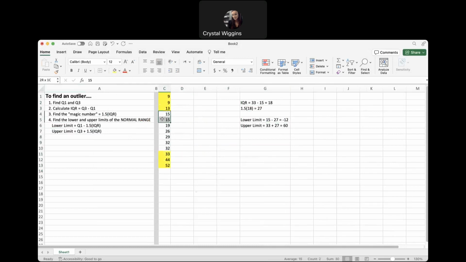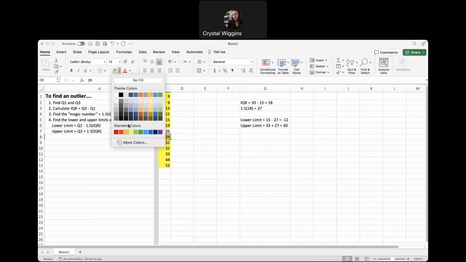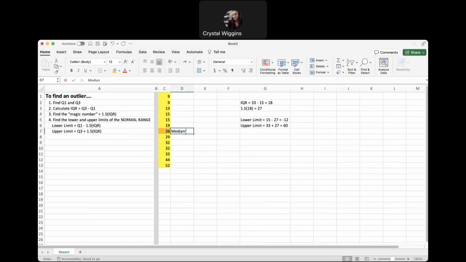So I can do 2 here, making sure that there's 2 here. Oh, I can do another 1. And this time I have an actual data value. I have an actual data value in the center. So my median for an odd data set is actually one of the data values in the set.